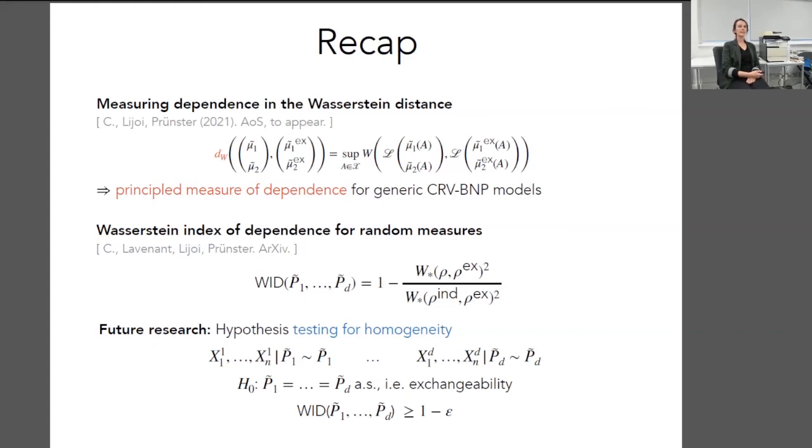Because as we said, the idea of homogeneity is actually captured by the notion of exchangeability. So we could perform a null hypothesis of exchangeability and reject the null hypothesis whenever the Wasserstein index of dependence a posteriori is bigger than a certain threshold.